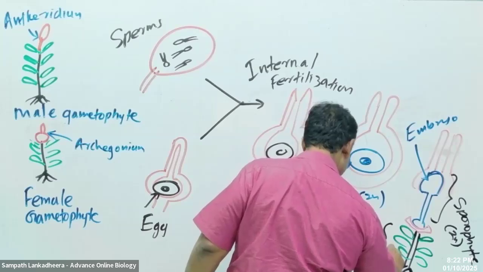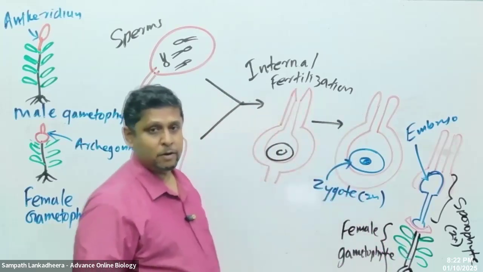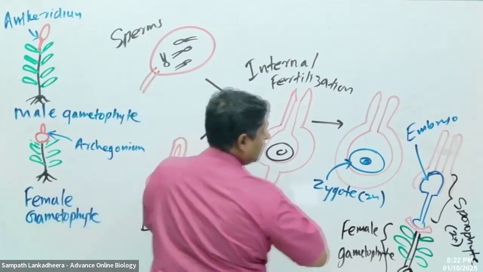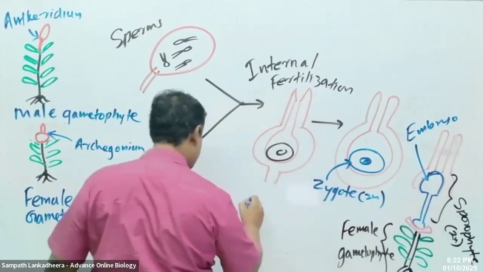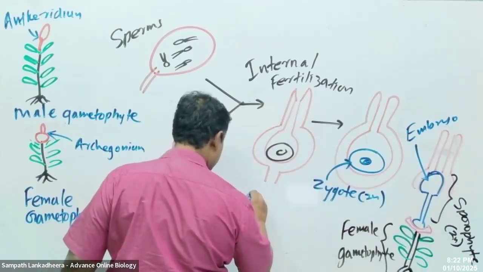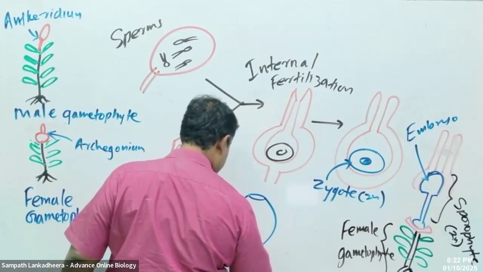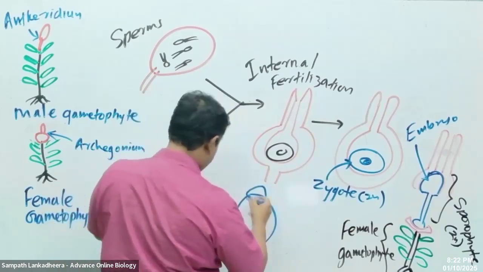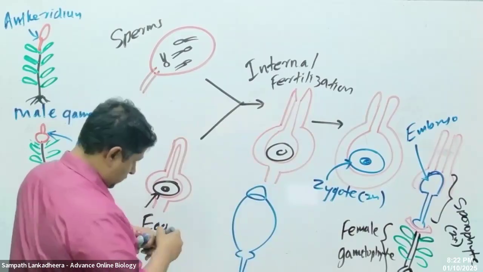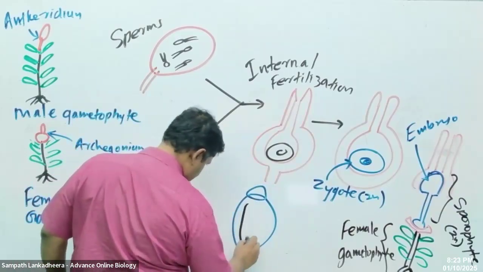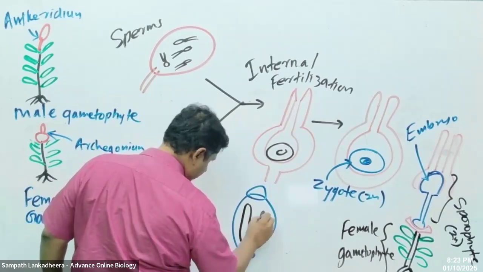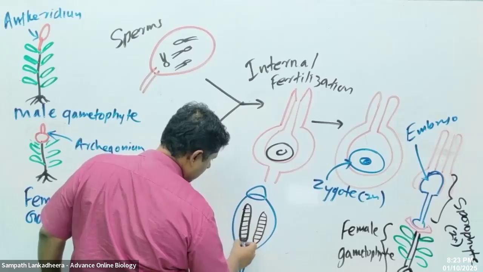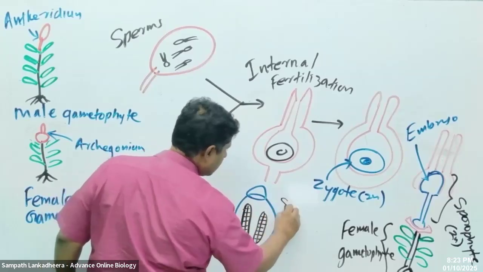Inside this structure, which we call the capsule, we can see that spore mother cells are present. Who are they, people? There are cells here. What do you call these cells? Spore mother cells.